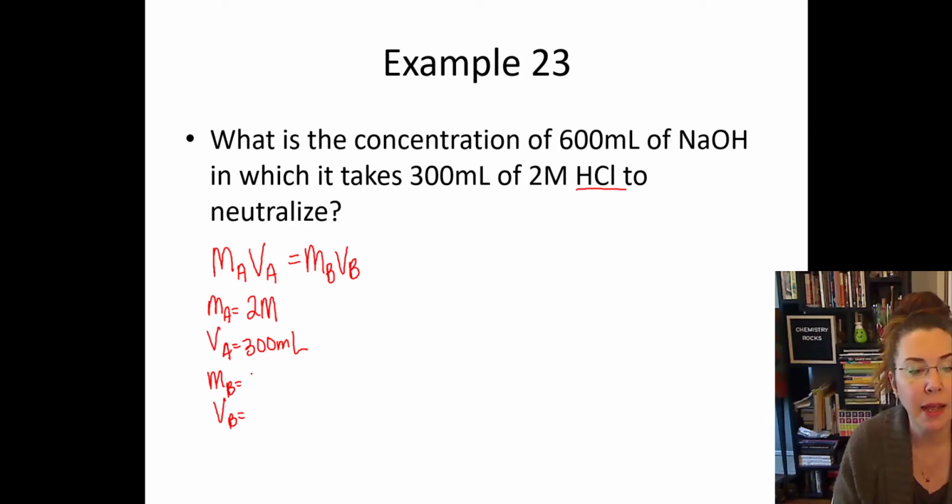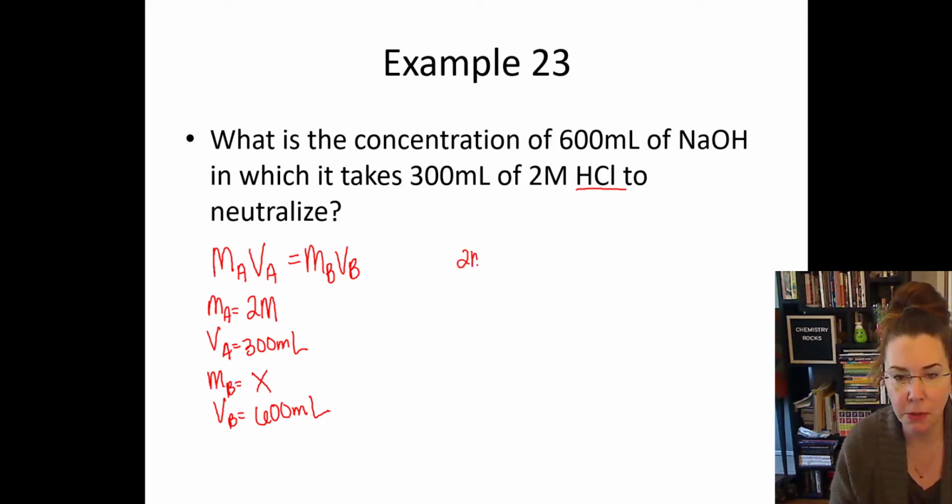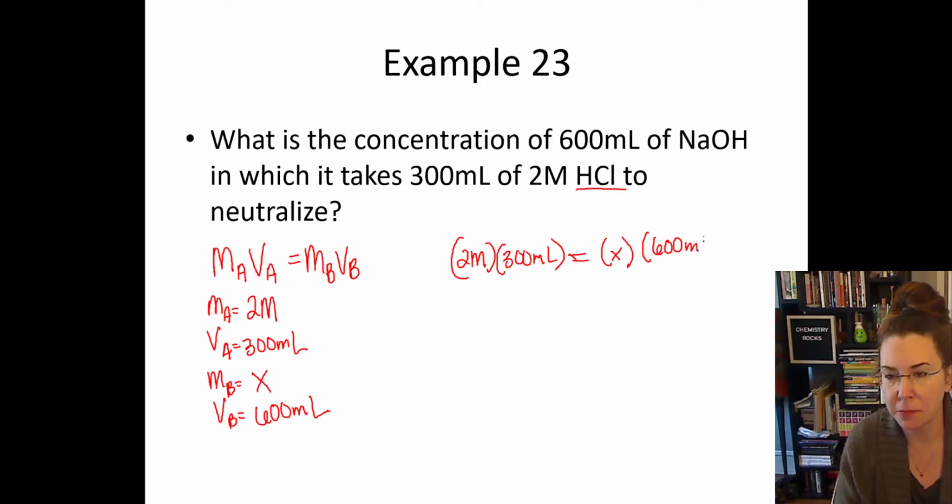And the molarity of our base, that's our unknown, it's what we're solving for. And our volume of our base is 600 milliliters. So when we set up this problem, it will be 2 molar times 300 milliliters equals X times 600 milliliters.